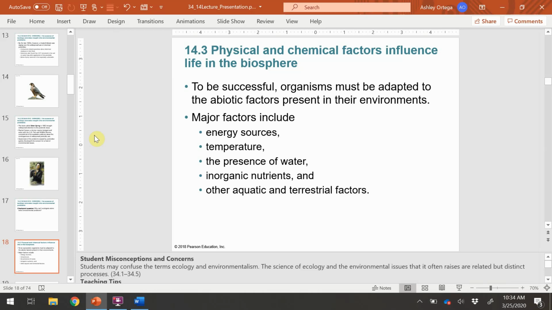Presence of water, along with inorganic nutrients like oxygen, will be an abiotic factor. Most people do consider carbon dioxide in this group as well, even though it is organic. And then there are other aquatic and terrestrial factors like soil, rocks, and non-living matter that are also abiotic factors.